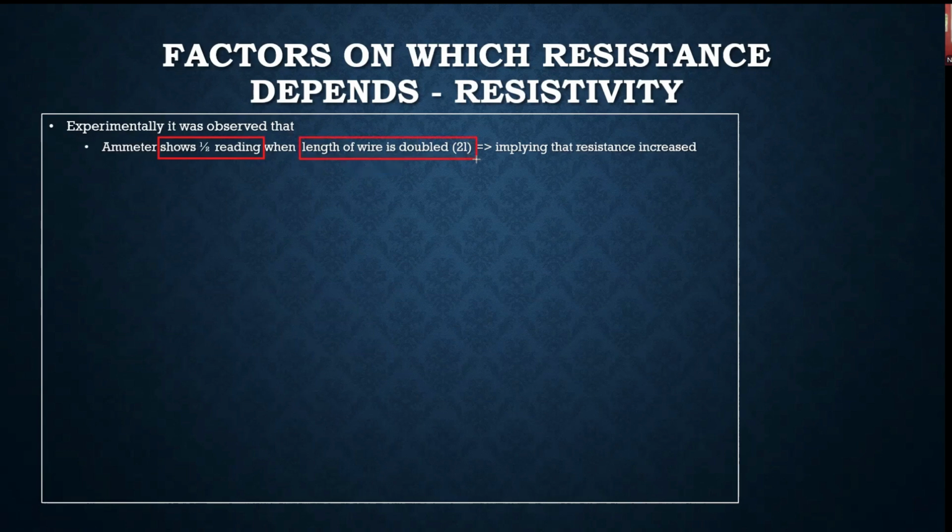If the initial length was L and the reading of the current was I, when the length of the conductor increased by double, that time the current reading showed as half. That means I by 2. When current decreases, it means that resistance increased. What happened? When length increased, resistance increased.